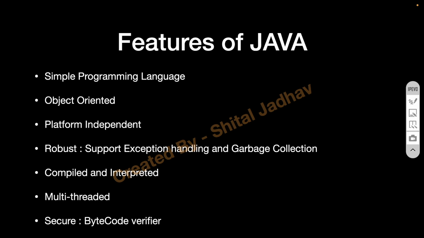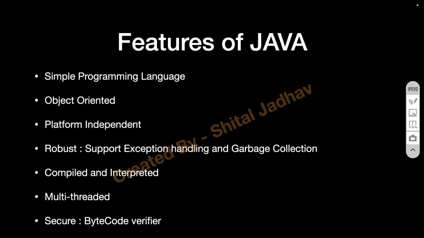What is the meaning of platform independent? Platform independent means you will write your code once and then you can execute or you can run that code anywhere. Okay, write once, run anywhere. This is the model which we call it as a platform independent. Okay, in the next slide I will explain you in the detailed way what is platform independent.